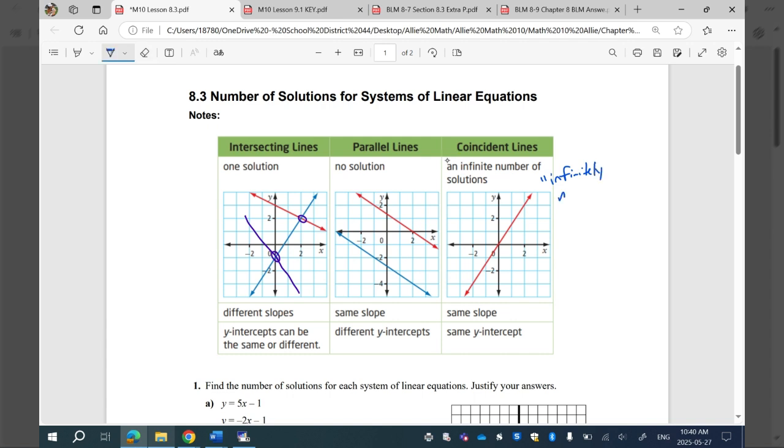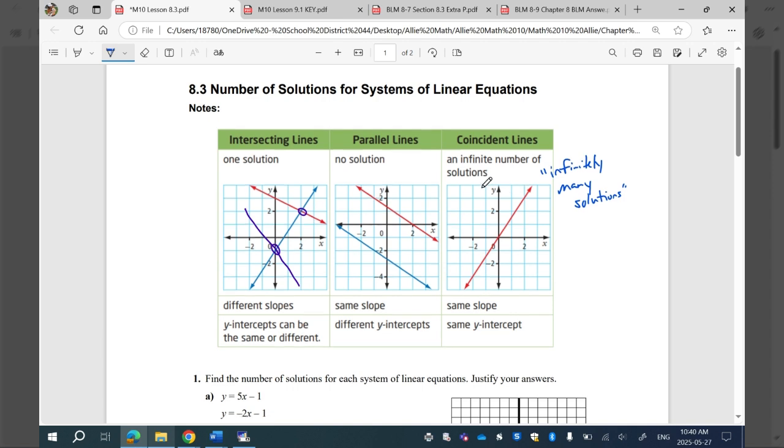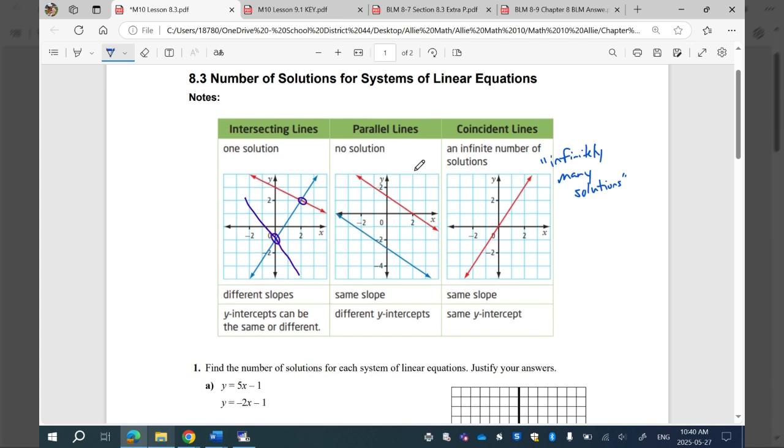And, is this two lines or is this one line? Hard to say. But that's the kind of situation that I was alluding to, in which we have kind of two lines or kind of one line, but it's the same. And this is when we have the same slope and the same y-intercept.